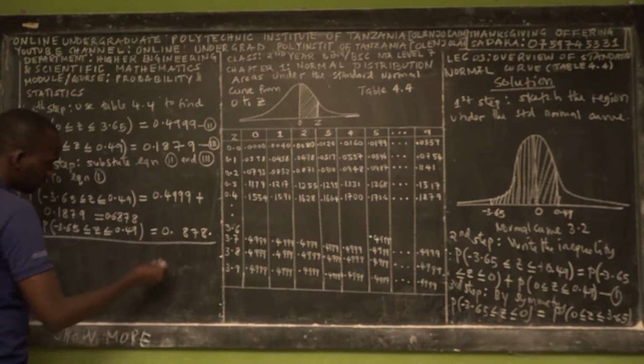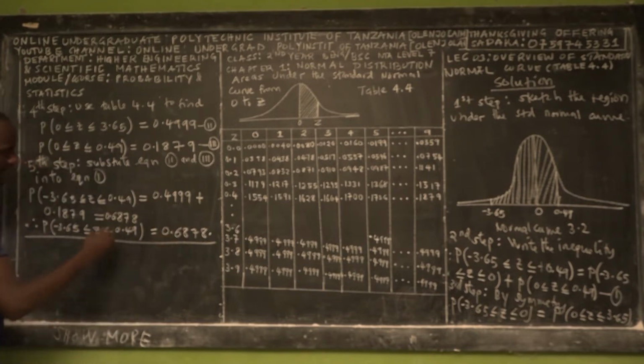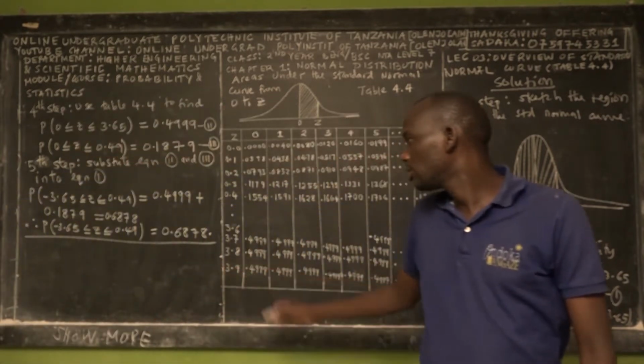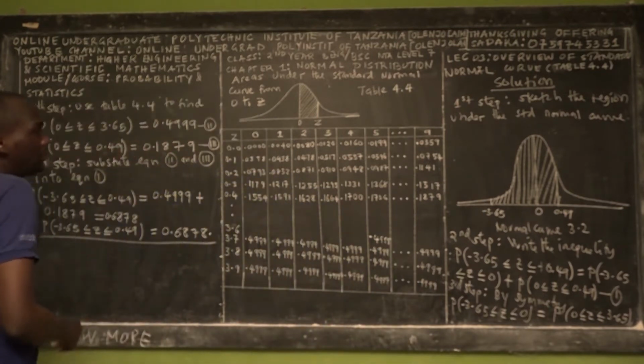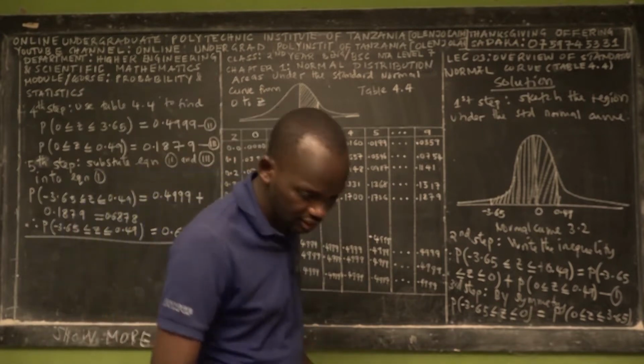So this is 6. So the response is 0.6878 for the given probability. And that is all about case 3.